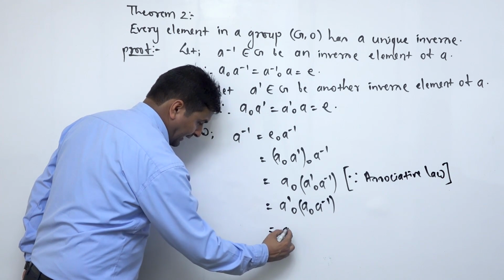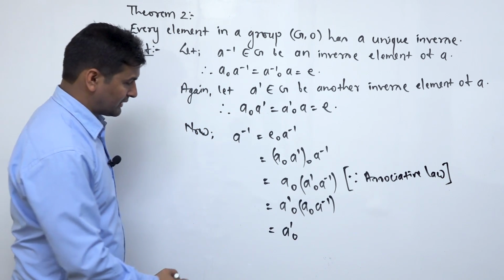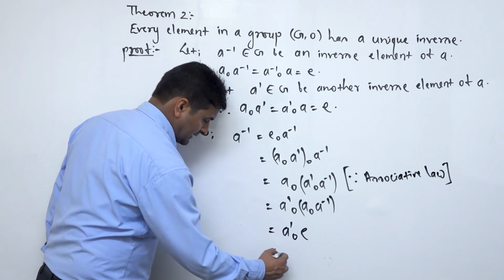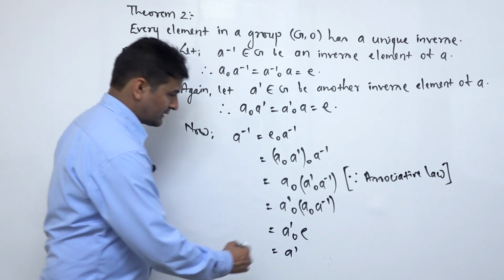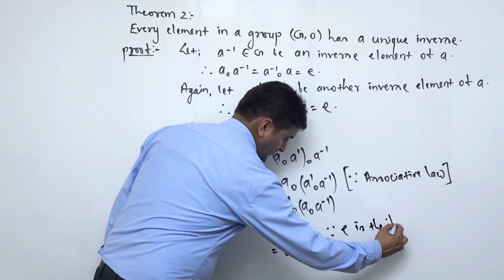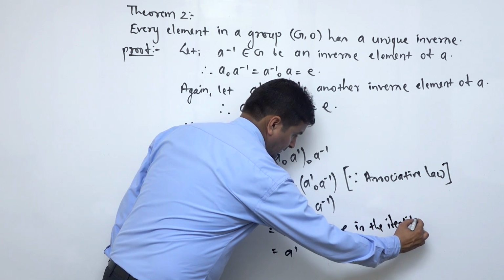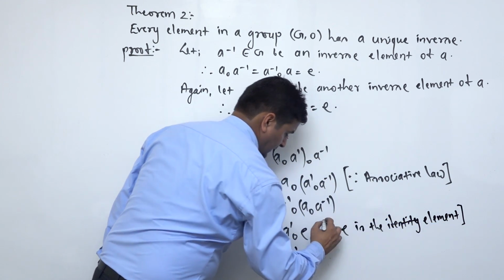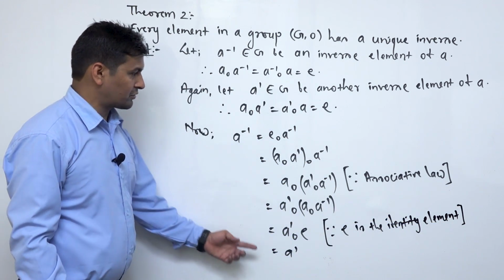Now we can say A dash not A not A inverse is E, equals to A dash not E is A dash, since E is the identity element. Now what we proved here, A inverse equals to A dash.